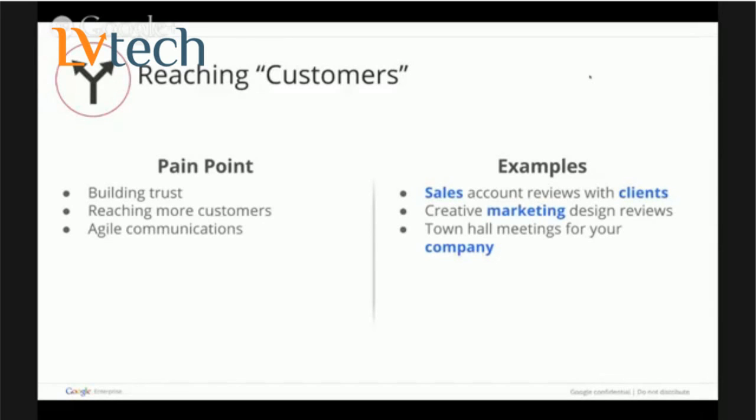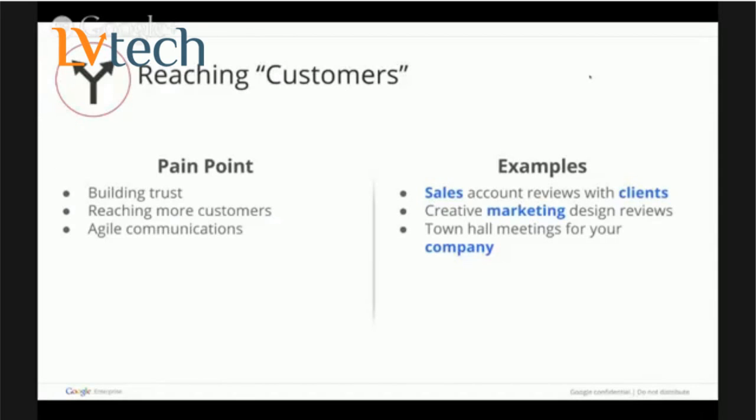So trust is a very intangible thing, but there are very significant benefits that Hangouts allow you to sort of accelerate the development of trust, which is especially true with external constituents. So if your sales teams are doing account reviews with the clients, or marketing teams dealing with external design agencies.